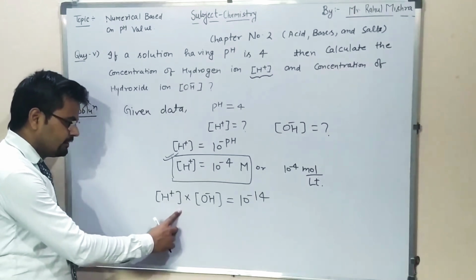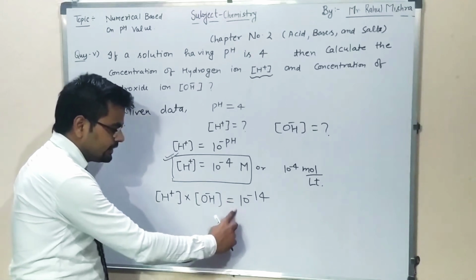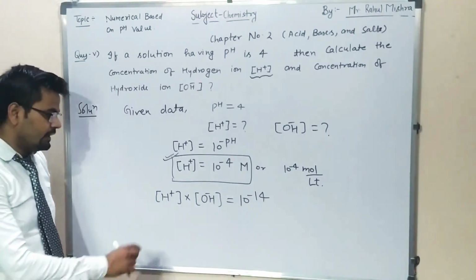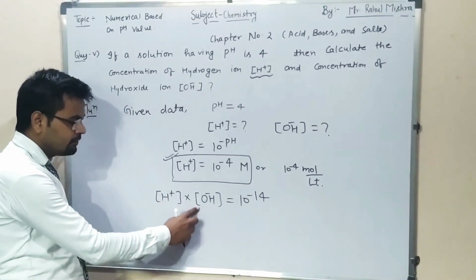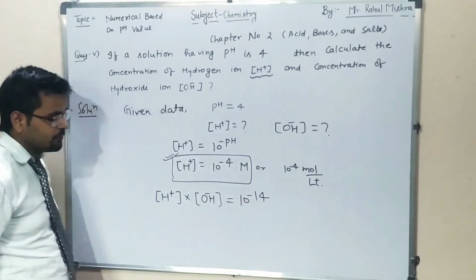Concentration of H ion into concentration of hydroxyl ion is equal to 10 to the power minus 14.